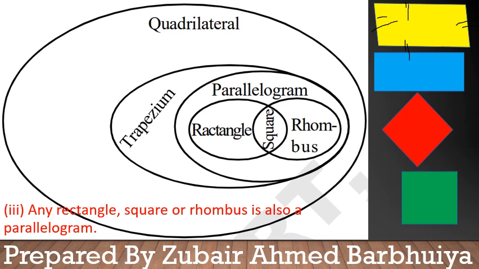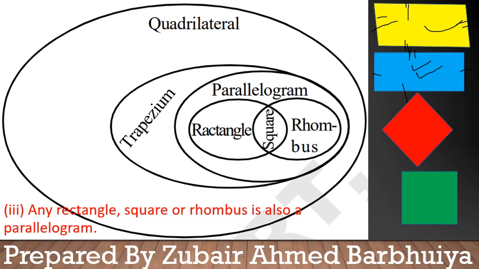Now what will be the relation between parallelogram and the other quadrilaterals? So this is a parallelogram, enough. Now let us check one by one. This is a rectangle. This side is parallel, this side is parallel to each other, so this is also a parallelogram.